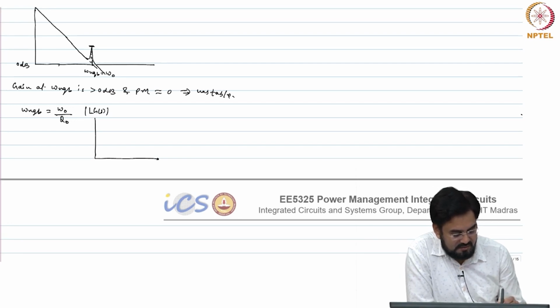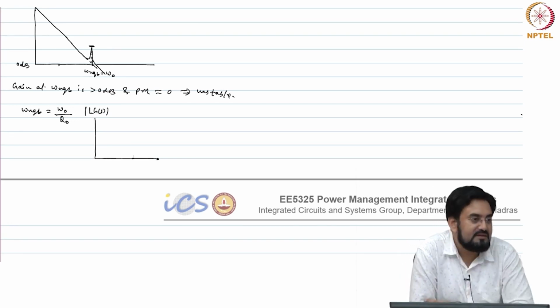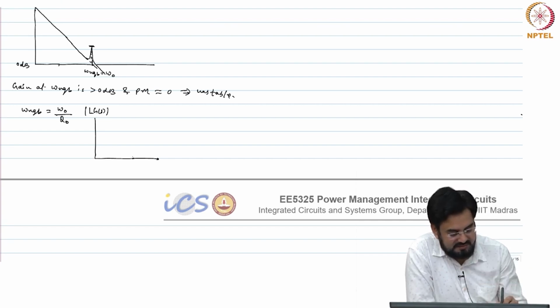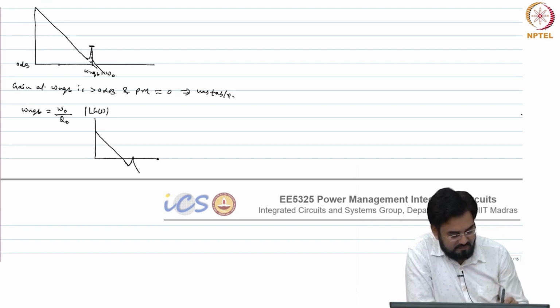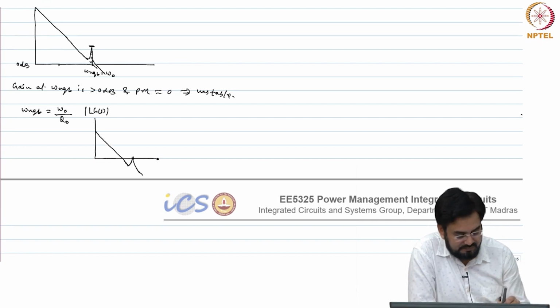LGS, what will be the gain here at UGB? Zero dB. So it will do like this.